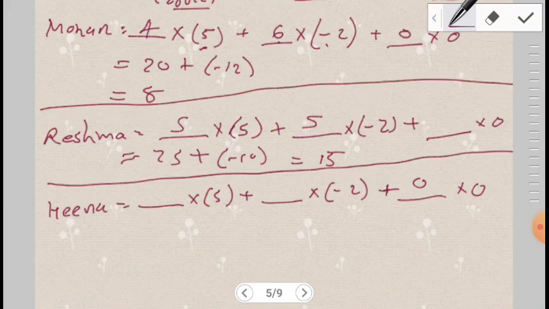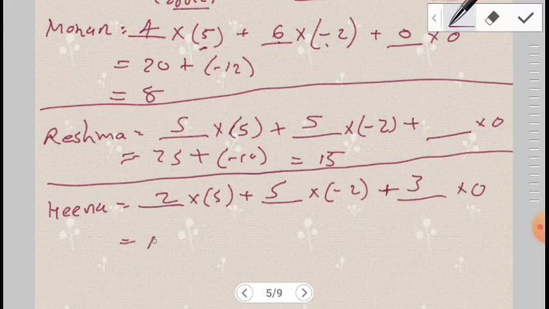in that test. Now Hina got 2 correct answers, 5 incorrect, and she attempted 7 questions. That means she has not attended 3 questions.